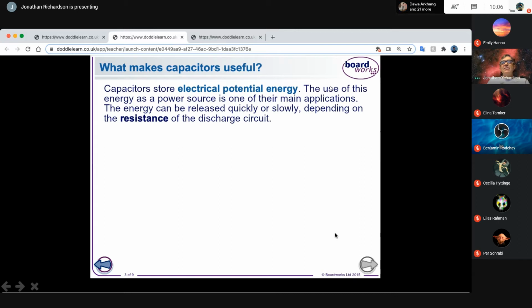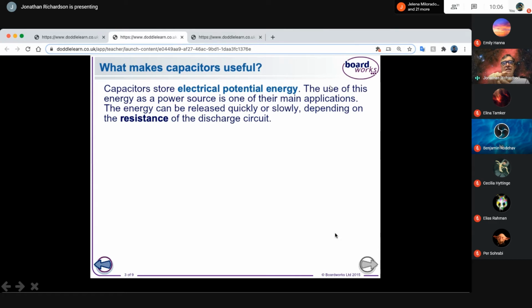And the lab that you'll do shows you that we can take a small product. So if we have a capacitor like this connected with a resistor, the resistor will allow the current to flow out. So the resistor can be used to discharge this capacitor.